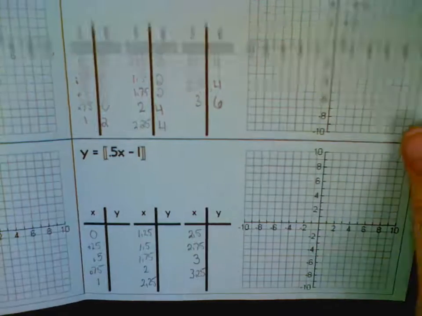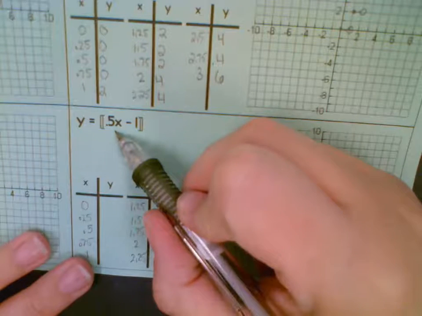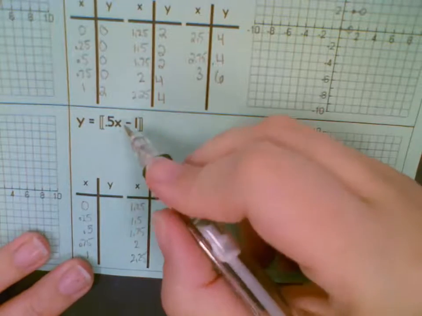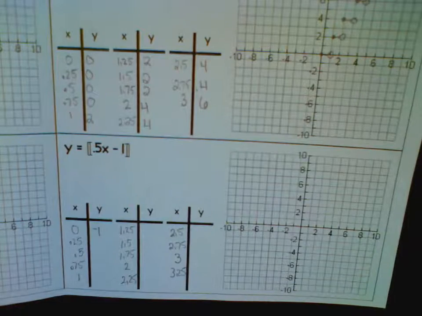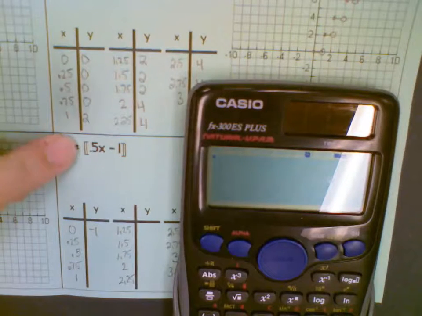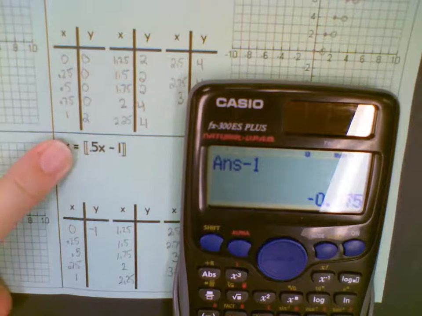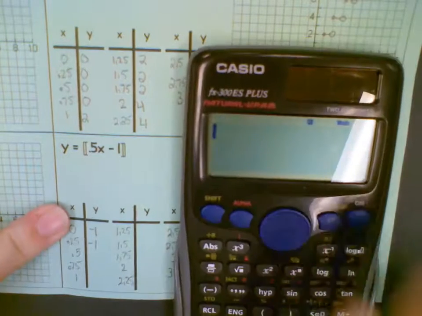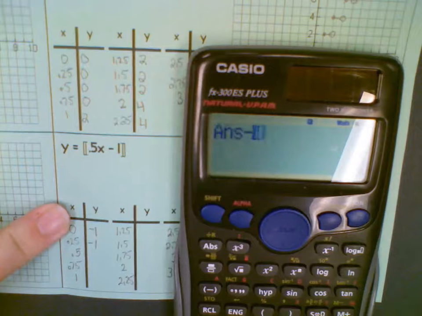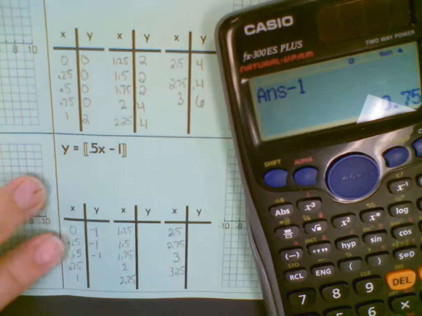Okay, so if we plug in 0, we get 0 minus 1 is -1, which rounds to -1. So let's look at our calculator for this to times our decimal. So 0.5 times 0.25 minus 1 gives us -0.8. So that would round down to -1. 0.5 times 0.5 minus 1 gives us -0.75. So that would round down to -1.